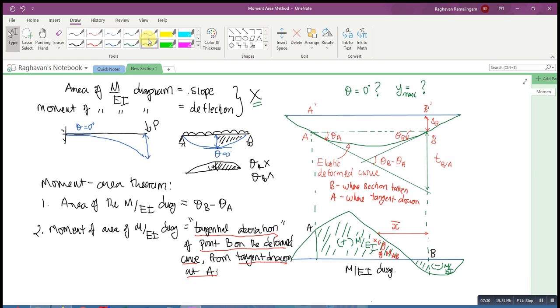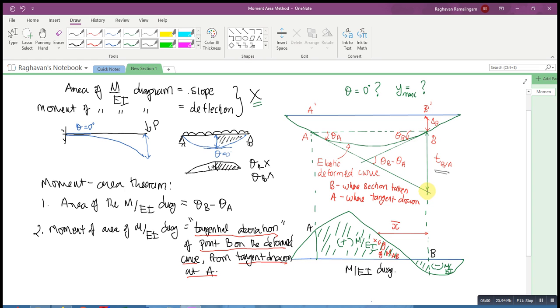Now, what is tangential deviation? This is the tangential deviation. Okay, this is point B, and I have marked T B slash A. I call that tangential deviation of B from the tangent drawn at A. So this is point A, and if I draw a tangent through the point A, this deflected shape at this point B is located at a distance of this much from that.